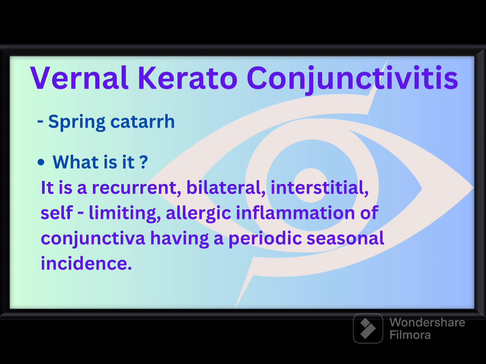So what is vernal keratoconjunctivitis? It is a recurrent, bilateral, interstitial, self-limiting, allergic inflammation of the conjunctiva which has a periodic seasonal incidence. Okay, so it affects both the eyes, right? And it is recurrent as well.